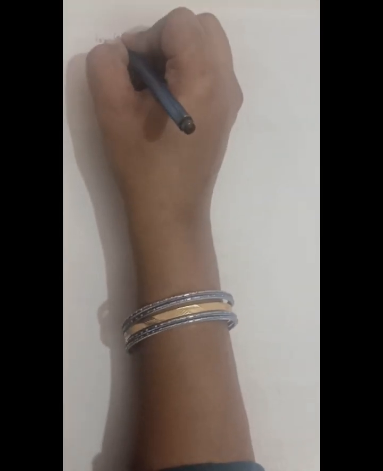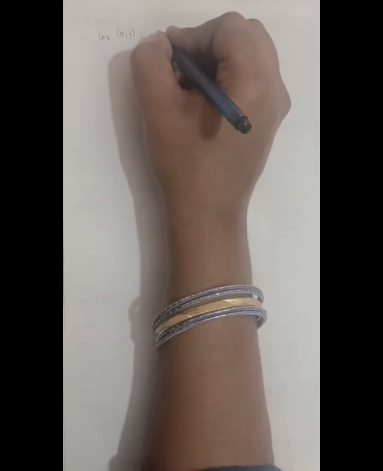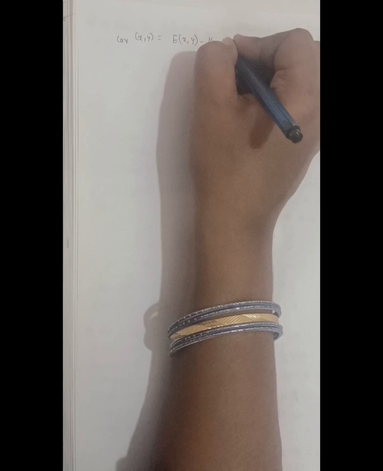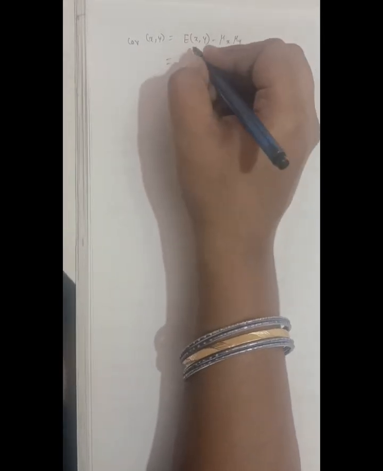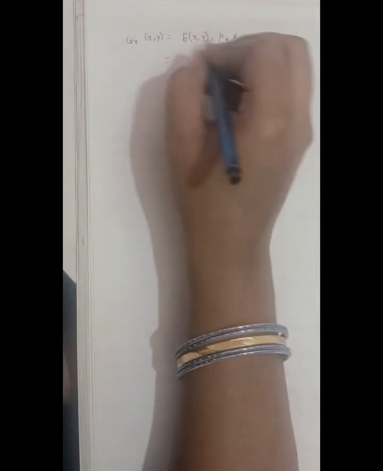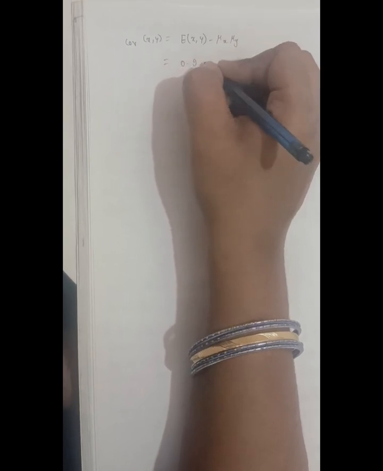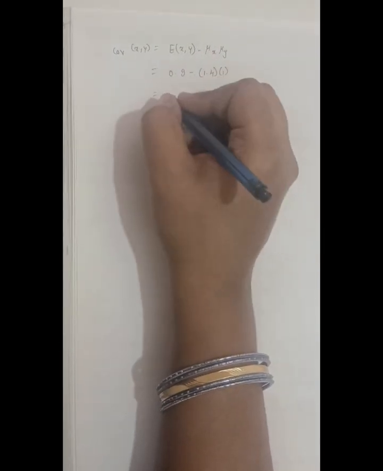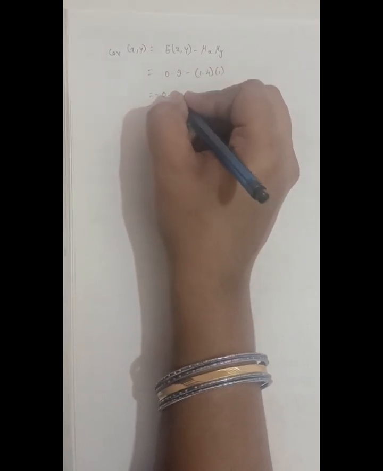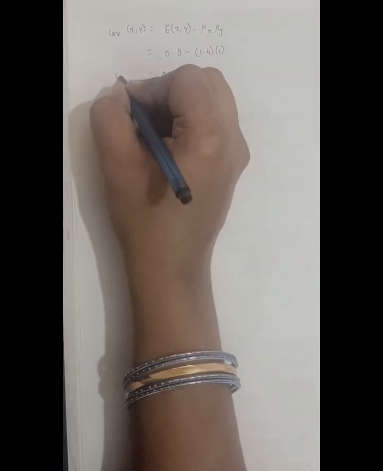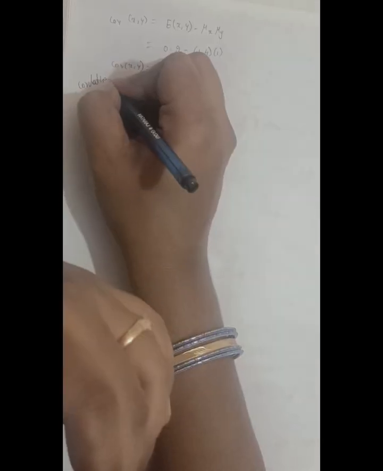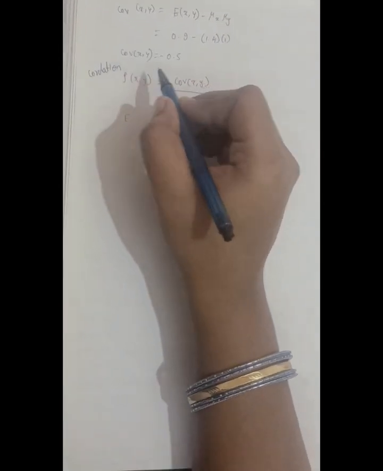Covariance of X, Y equals E of XY minus mu x mu y, which is 0.9 minus 1.4 into 1. Simplifying, we get minus 0.5. This is the covariance of X, Y. Now find the correlation.